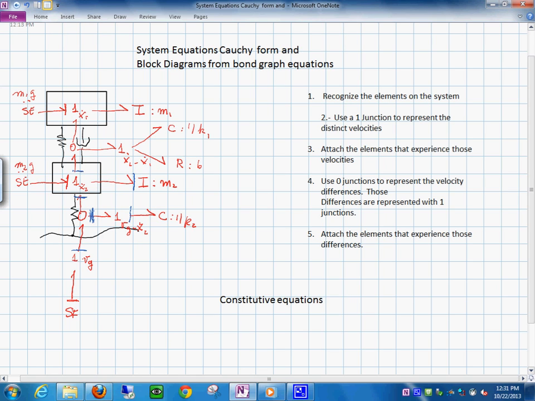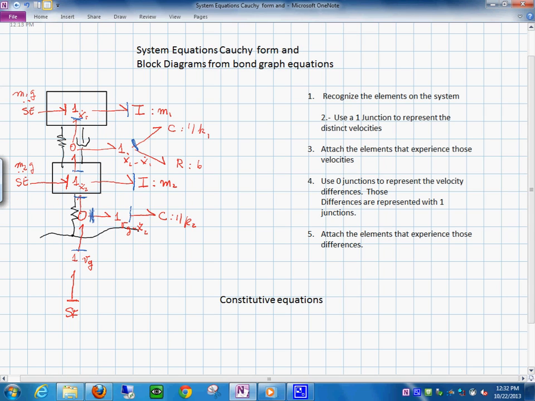I need to put some numbers in here. And although the sequence makes no difference whatsoever, I'm going to call this 3, and then this 4, and this 5, and then this 6, and then this 7.